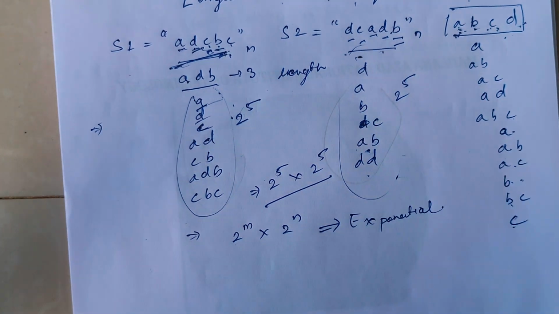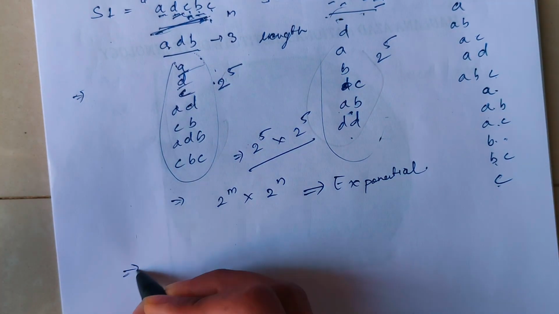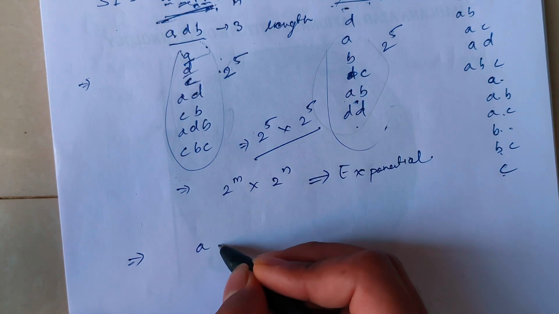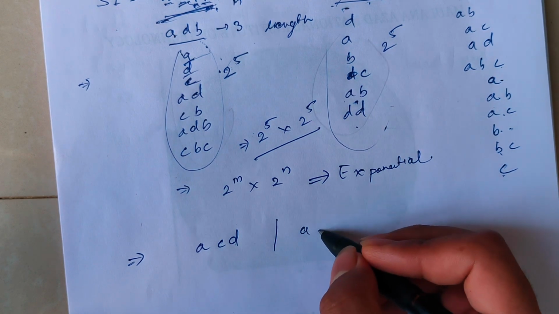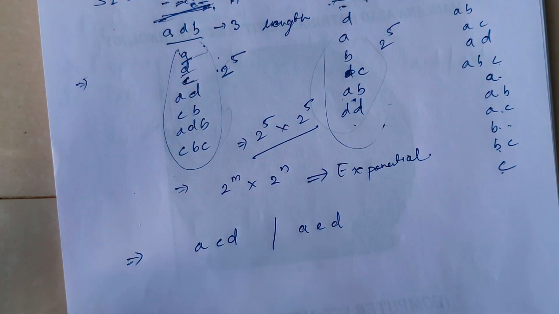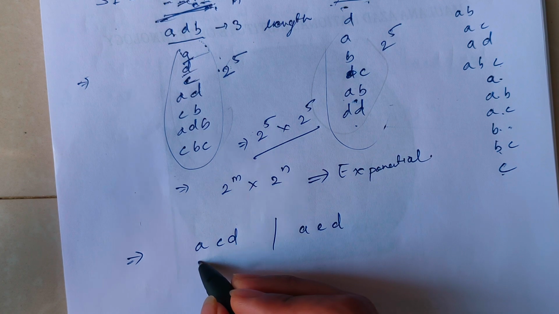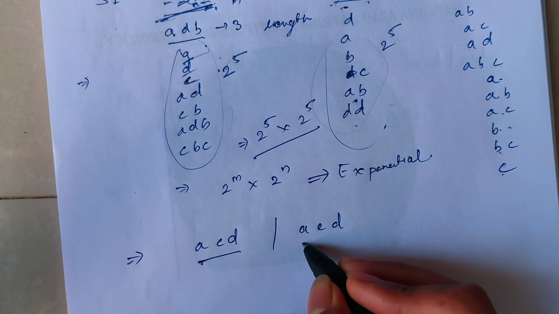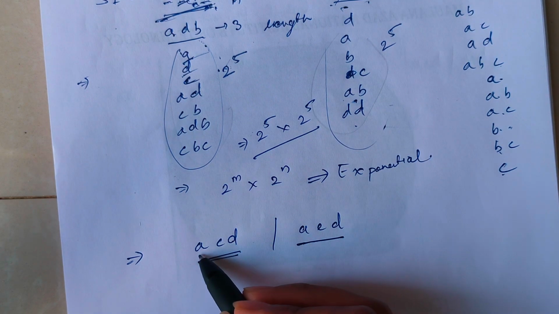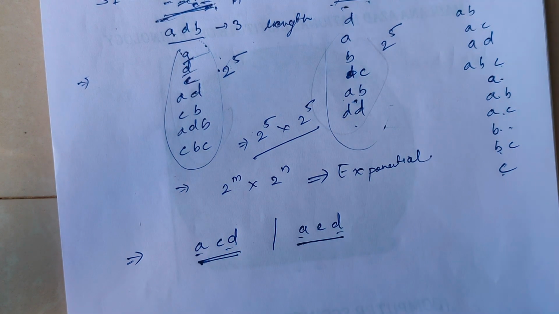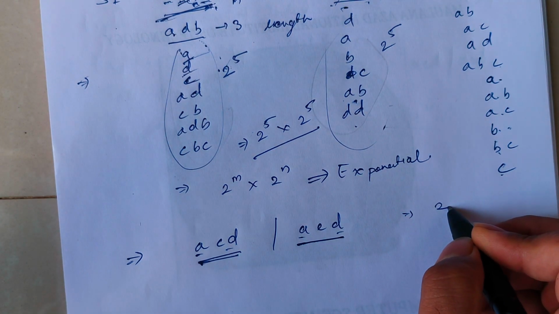Means let's have a smaller string, that is A C D, and another string could be A E D, right? So let's think of calculating the longest common subsequence of these two strings. Here we can just see that AD would be the longest subsequence, that is with length 2, right?